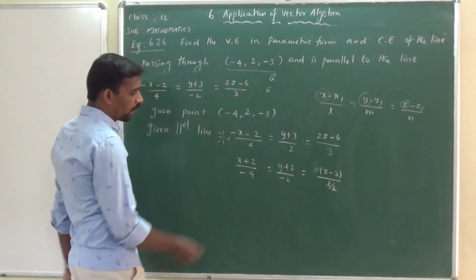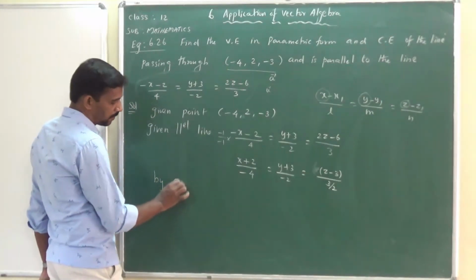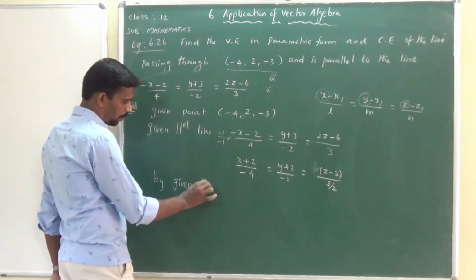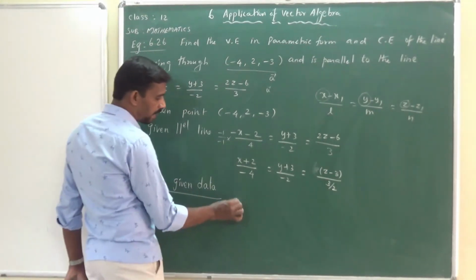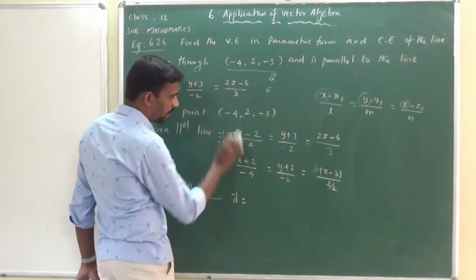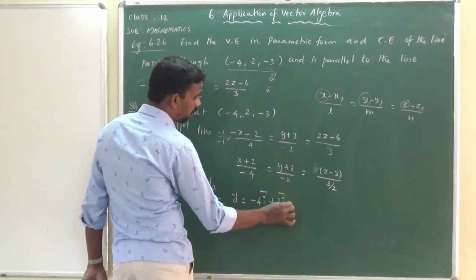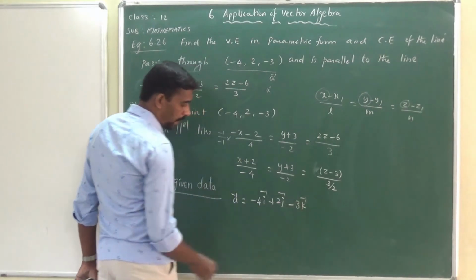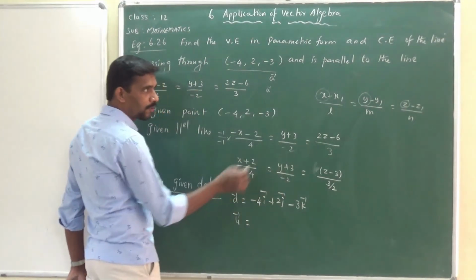Now, by the given data, we can assume a vector equal to minus 4i vector plus 2j vector minus 3k vector, and u vector equal to the denominators we want to take.